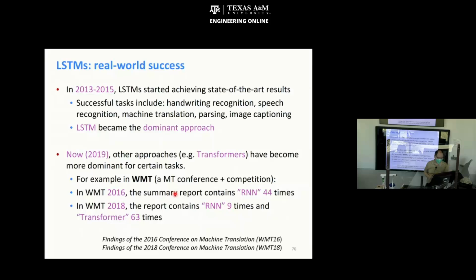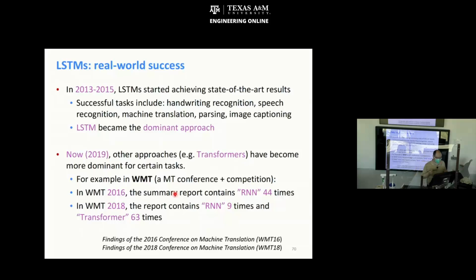So, 2013 to 2015 is the time that LSTM started achieving state-of-the-art results. If you go to the Association for Computational Linguistics or other NLP conferences, LSTMs and later GRUs are the state-of-the-art.